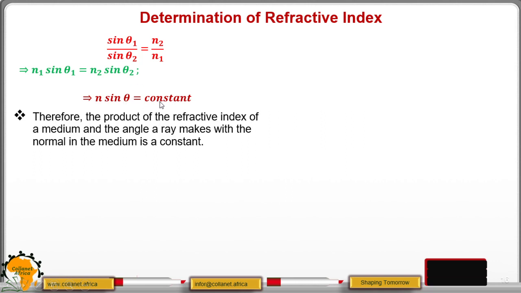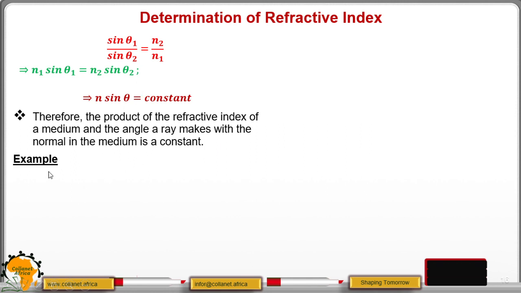And this is a simplified way of stating Snell's law. Therefore, the product of the refractive index of a medium and the sine of the angle a ray makes with the normal in the medium is a constant.